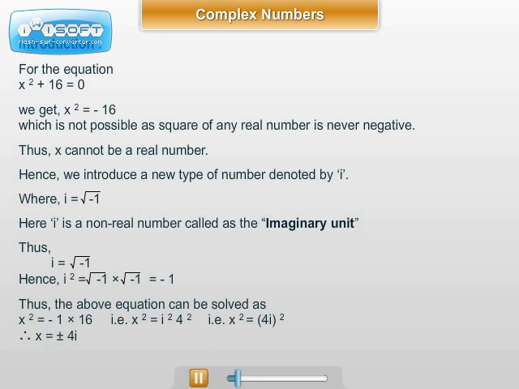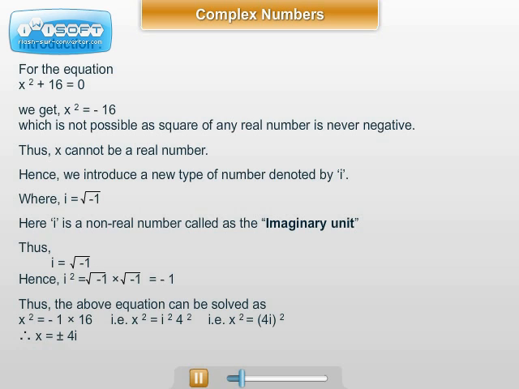We have i into 0 equal to 0 into i equal to 0. We have plus minus 4i whole square equal to 16i square equal to 16 into minus 1, that is minus 16. Hence, the equation x square plus 16 equal to 0 has two solutions, 4i and minus 4i.